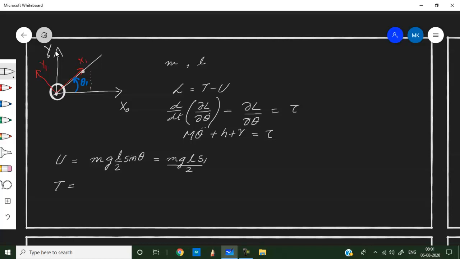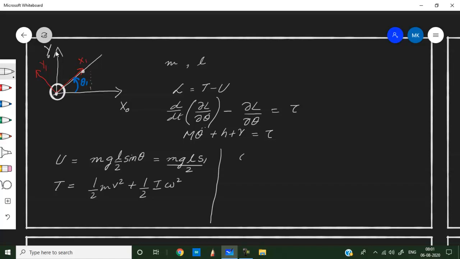Now, the kinetic energy of the system is given by the kinetic energy due to linear velocity plus the kinetic energy due to angular velocity, so it's half of I omega square. All right. For this system, we need to find out what is V and what is omega.